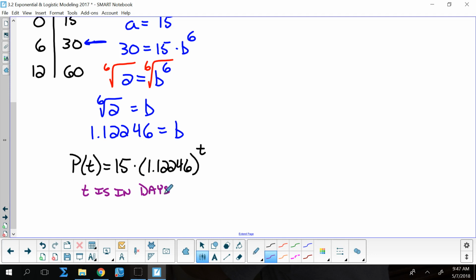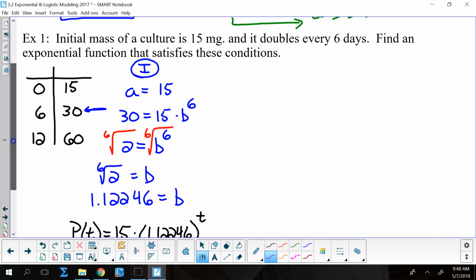Not 6 days, just days. So I could use that model to figure out 14 days down the road. Okay? That's one way of doing this particular problem.